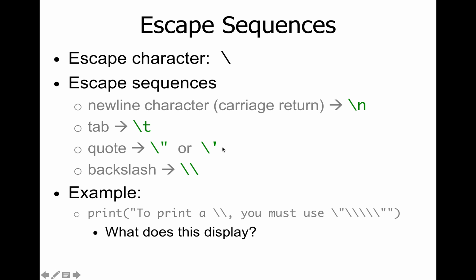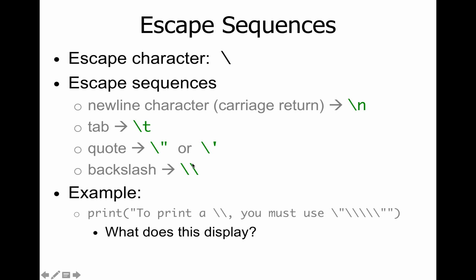Again, if you're using quotes, we might need to escape them, only if we've used the same quote to indicate the string literal. So for example, if you want to put a double quote in your string, if you surround it with single quotes, then you're all good. But if you want to put double quotes and single quotes in your string, then you have to escape one of them.